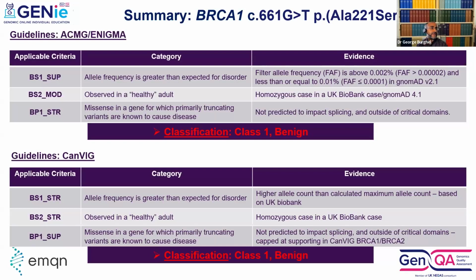And using the CAMFIG guidelines, you can use BS1 strong, BS2 strong, and BP1 supporting. And just looking at the overview here, you can see that although we're suggesting a similar classification, the different elements have been used at different strength levels using the different guidelines, and we'll walk through them now. So next slide, please.